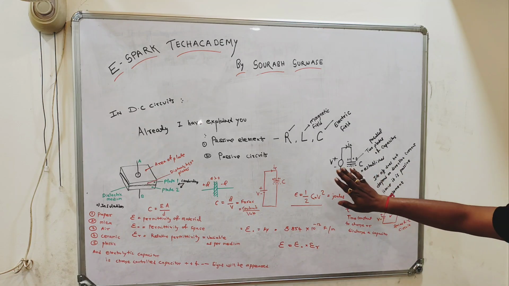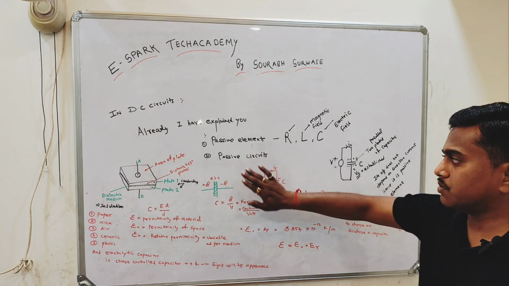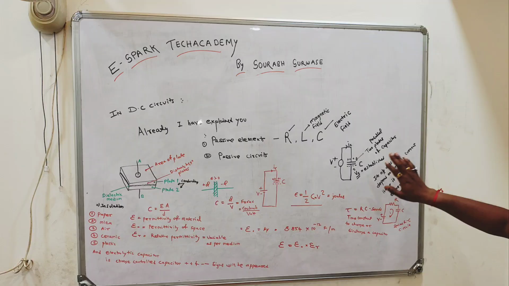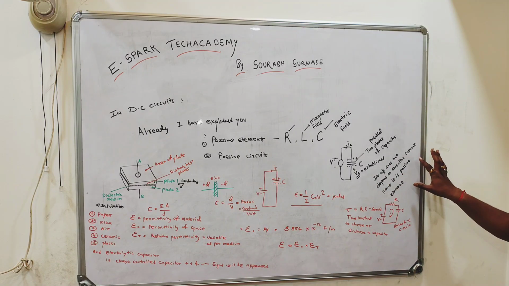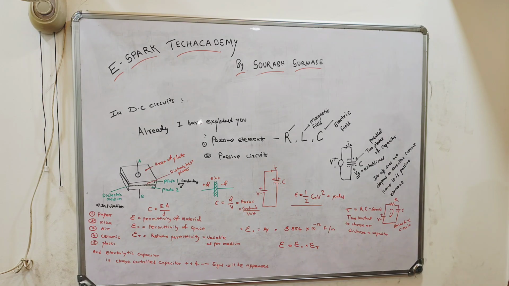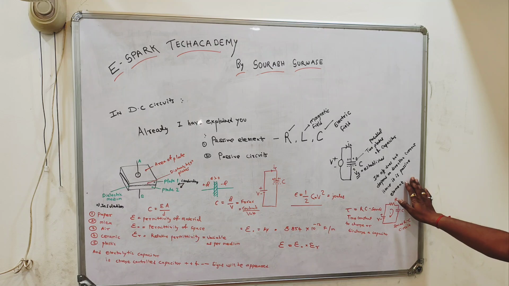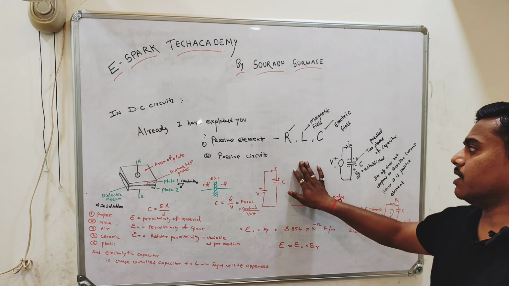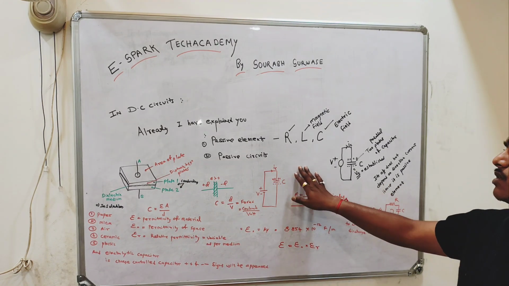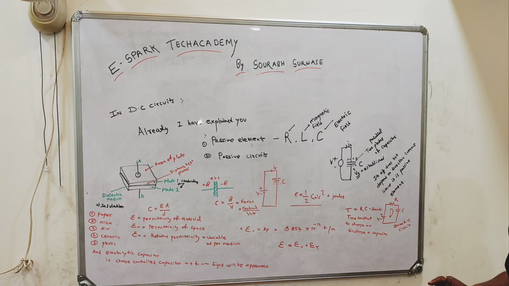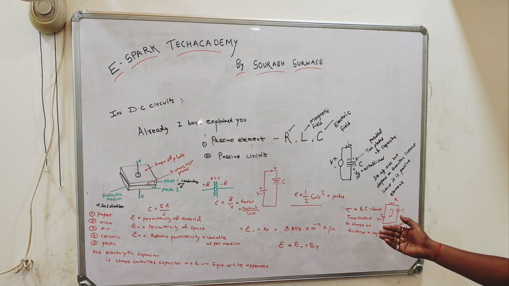As we have seen, the capacitor is a passive element. Passive elements are the elements which do not depend upon the direction of current or direction of flow of supply. It will give you output irrespective of the direction of current. And how these passive elements work for AC and for DC, I will show you in detail.